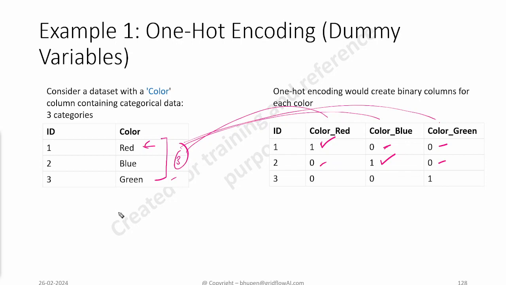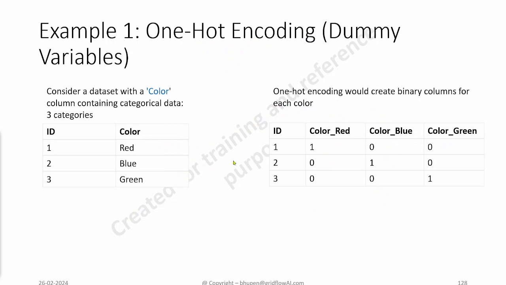So if you have 50 different values here, that means we are going to create 50 new columns, and this method is called one-hot encoding or OHE. Pandas provides functions.